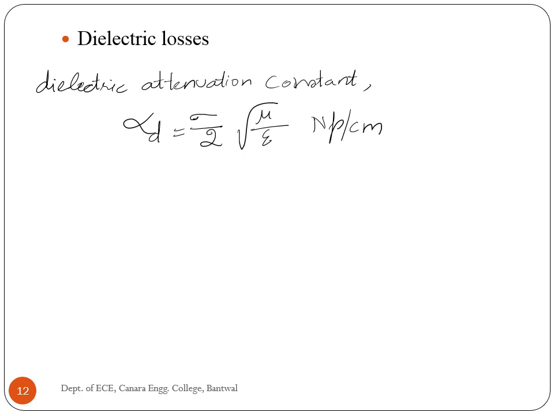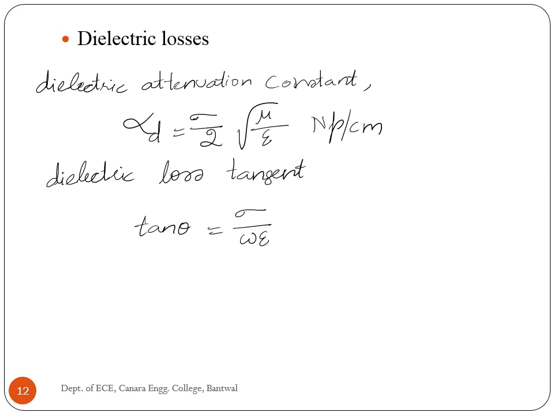This dielectric attenuation constant can be expressed in terms of the dielectric loss tangent, that is, tan theta is equal to the ratio in equation 2 and equation 1.